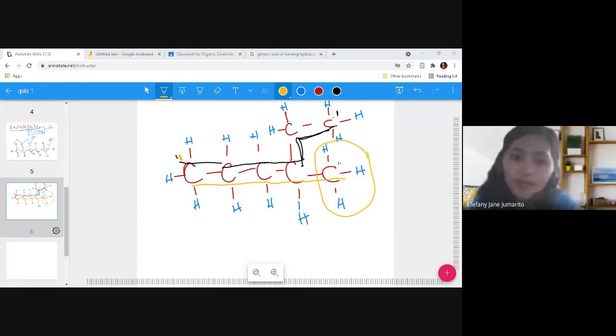Example here, counting from the right, the substituent is on carbon 3. Unlike if we count from the left, the substituent would be on carbon 4, and 4 is greater. So we count 4, 5, and 6. Okay, so we have 6 carbons.